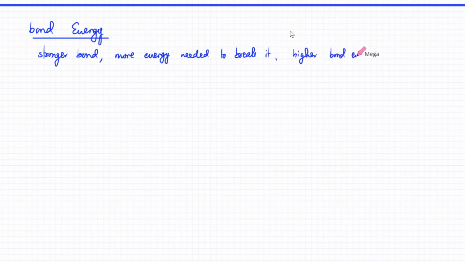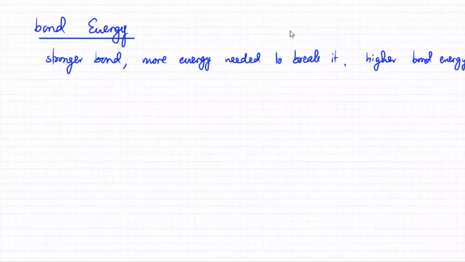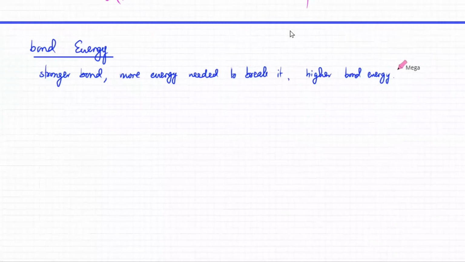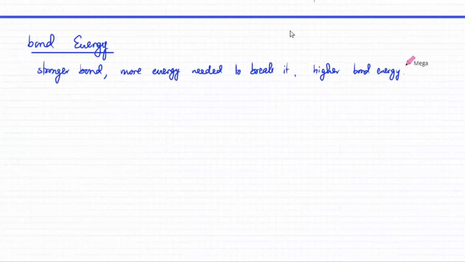So how do you figure out which bond is stronger? If you had to guess, the first thing is you've got 3 types of bonds. One is a single bond, then a double bond between atoms, and then a triple bond that exists between atoms.